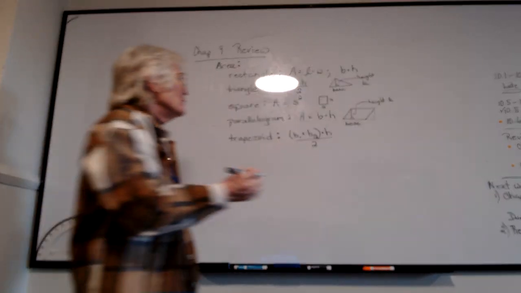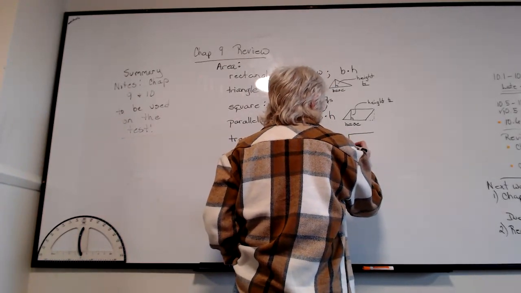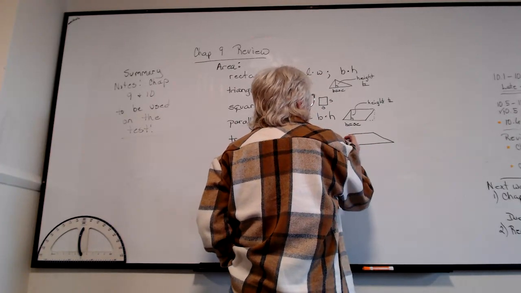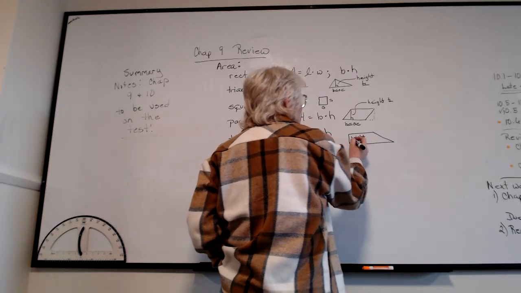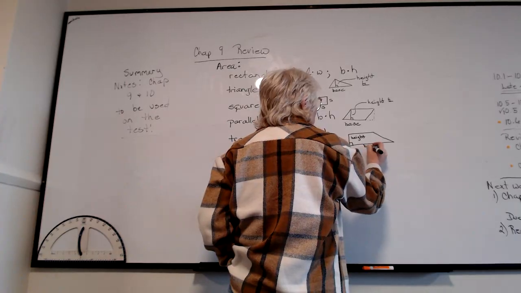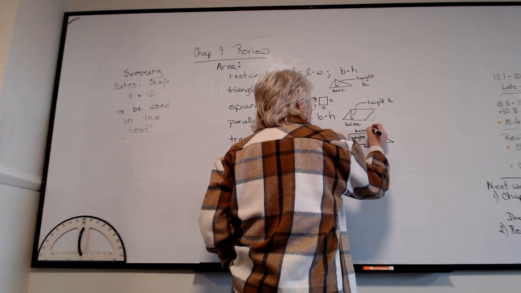Okay, so when we're looking at a trapezoid, it could be something like this. Okay. Here would be my height because it forms the 90-degree angle there. Okay, this would be base 1, and this is base 2.